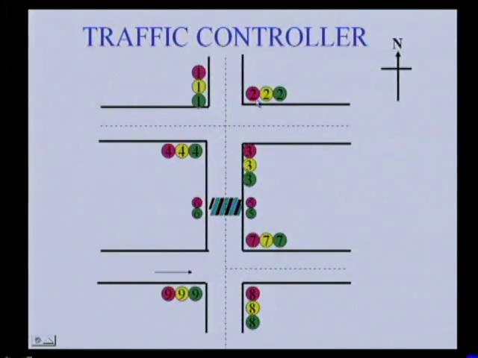So at a time I am trying to control only two LEDs, and all these red color LEDs are controlled by one port, yellow color LEDs are controlled by another port, and green color LEDs are controlled by another port.